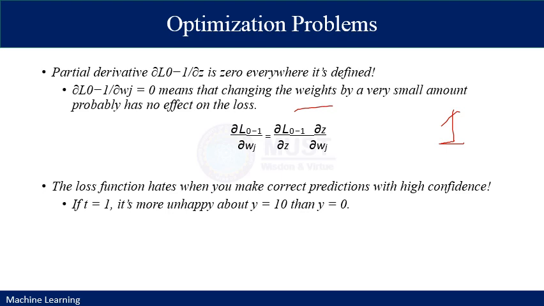Therefore, changing the weights will not have significant effect on the loss. Therefore, the loss function hates when you make the correct predictions with high confidence. Therefore, if the target is 1, it is more unhappy if your prediction is 10 than if your prediction is 0 or 1.